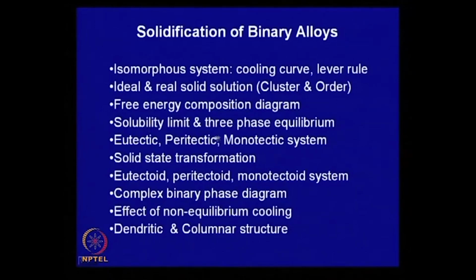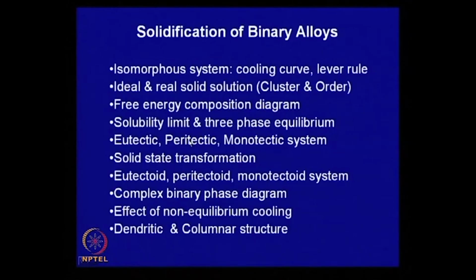In those cases, there will be a situation where three phases can coexist, and we looked at two particular cases, eutectic and peritectic systems, and we looked at how the structure evolves in detail in eutectic and peritectic alloys.